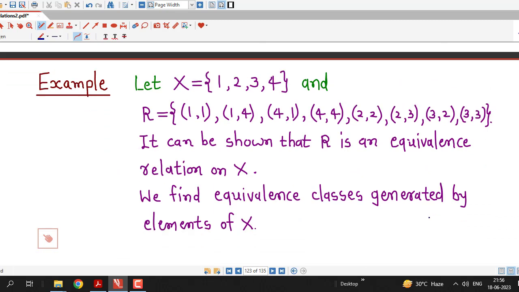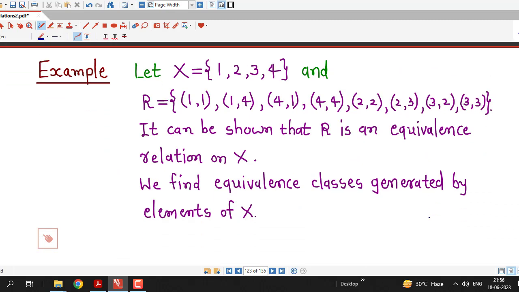And here I consider this example to explain the equivalence classes generated by elements of a given set.